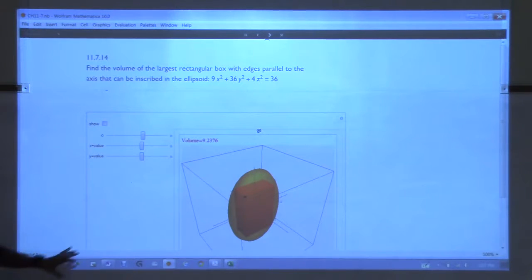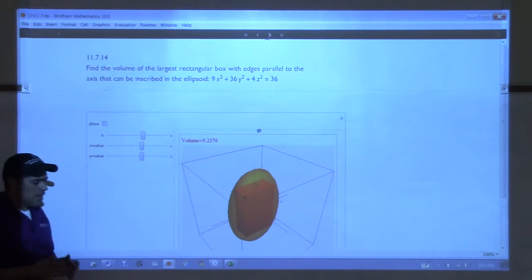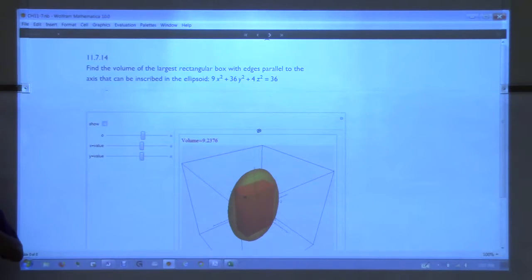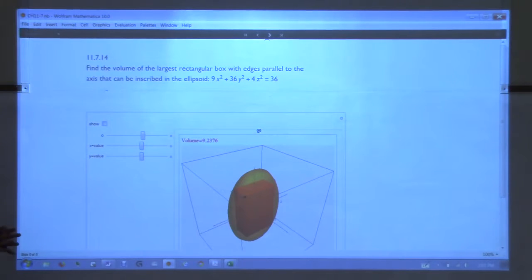So we have this ellipsoid, this egg-shaped thing, and we want to know if we try and inscribe this rectangular box inside of this ellipsoid, what's the most volume we can possibly get out of that box. Now, inscribed means that it touches the surface of the ellipsoid. So it can't break through the egg, and it can't be inside the egg without touching, right?